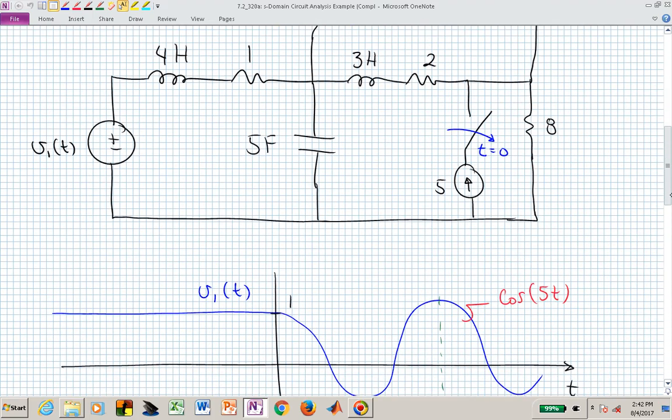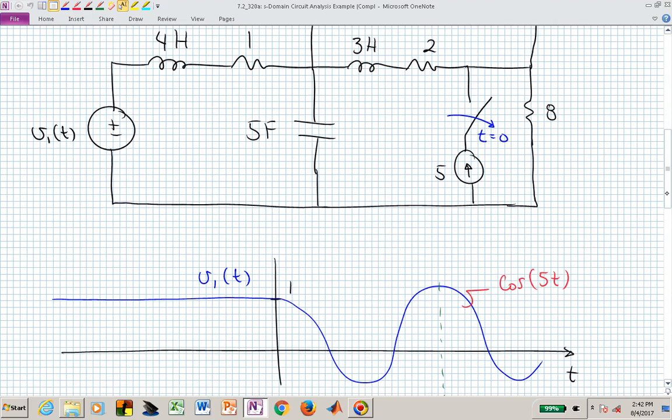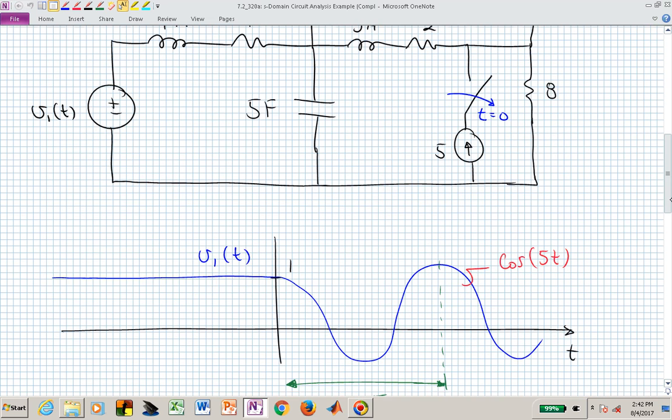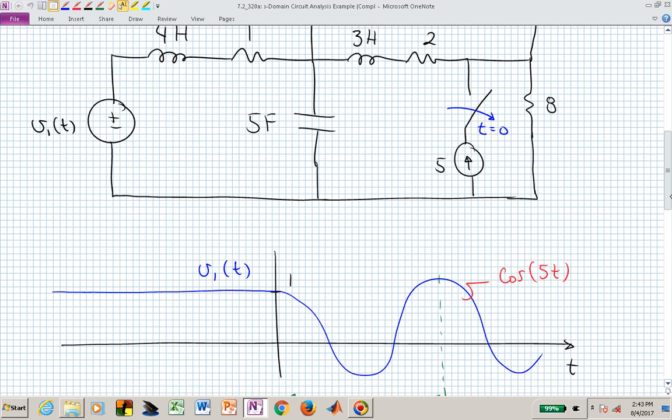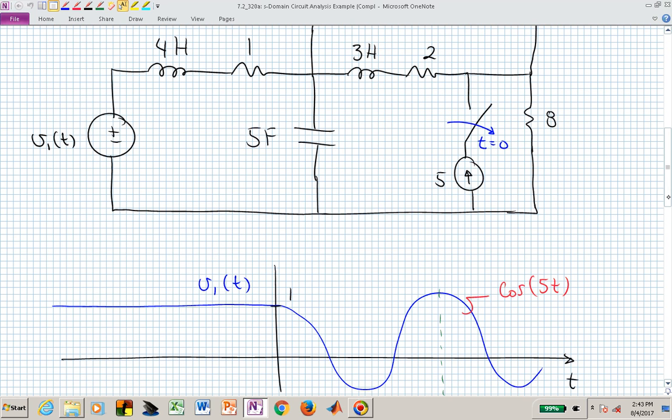And in fact, we want v sub 1 of t to have 2 different functional forms determined by what happens at this transition of t equals 0. Prior to time 0, we want v sub 1 of t to be constant with a magnitude of 1.